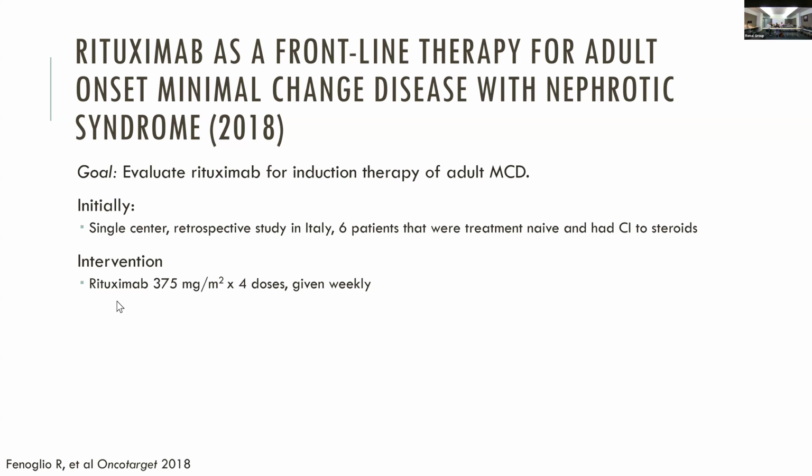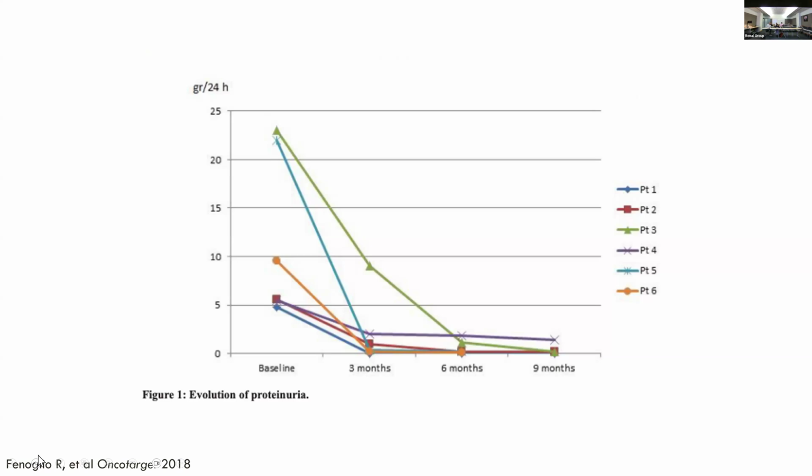They chose these patients because they had contraindications to steroids. This is a very short paper, not a lot of information, but essentially their proteinuria just plummeted. They all did kind of amazing, and then they stayed amazing for 9 months. All of them, I think, except one, got to complete remission.